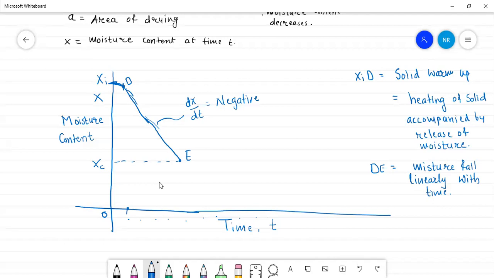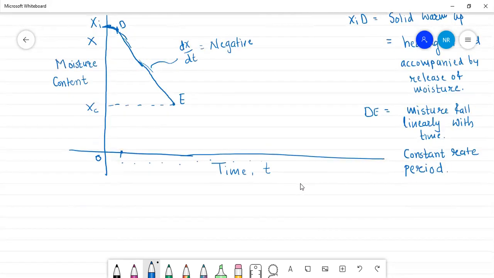And this is called a constant rate period. This is called a constant rate period. Now there are two sections available. One section, and this is the linear.